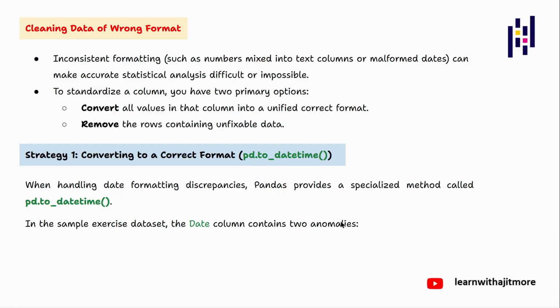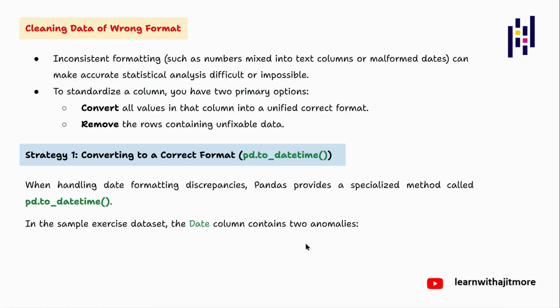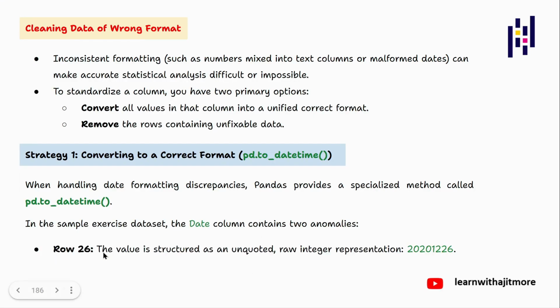So the date column contains two anomalies. One is this blank value and another is this wrong number in a date column. See row 26. The value is structured as an unquoted raw integer.